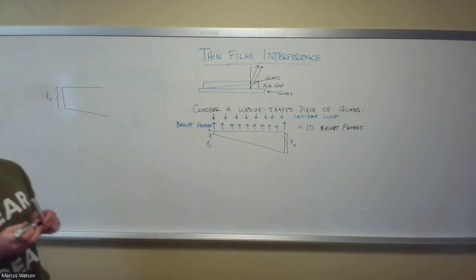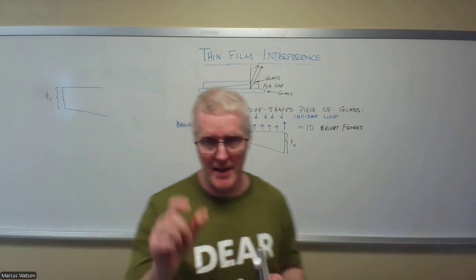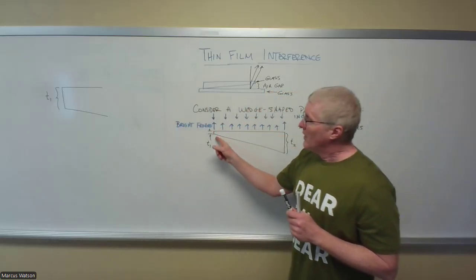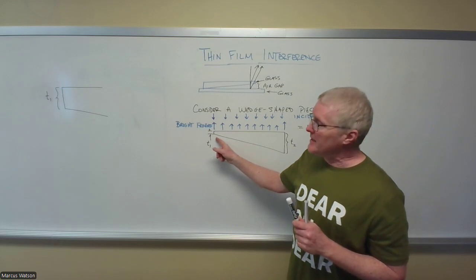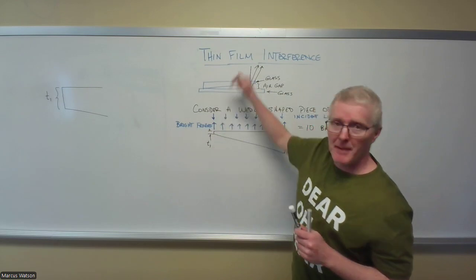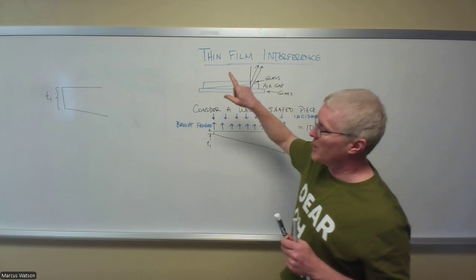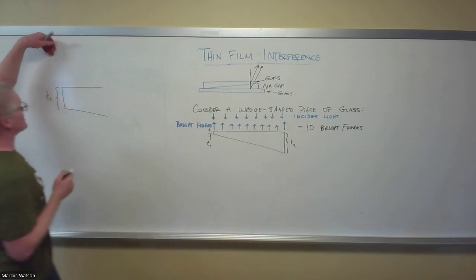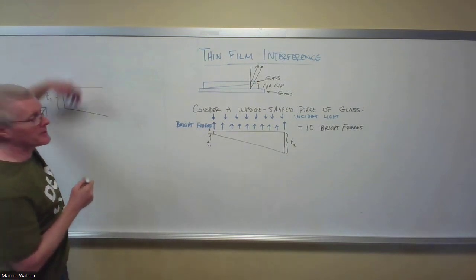All right, so let's suppose that this is a close-up of T1, okay? Now, I'm going to look at the light that's coming in from the top. It's going to bounce off the surface, and so we know that that's going to incur a phase shift. I'm not going to draw the incoming light, we already know it's there.